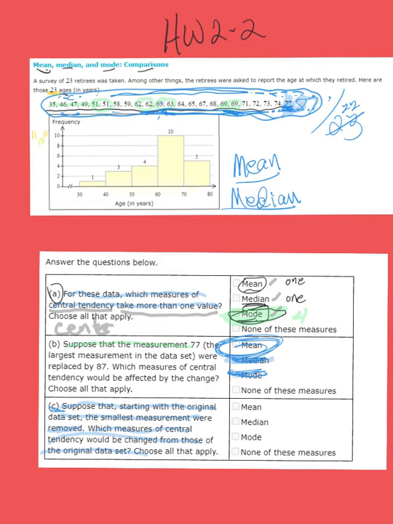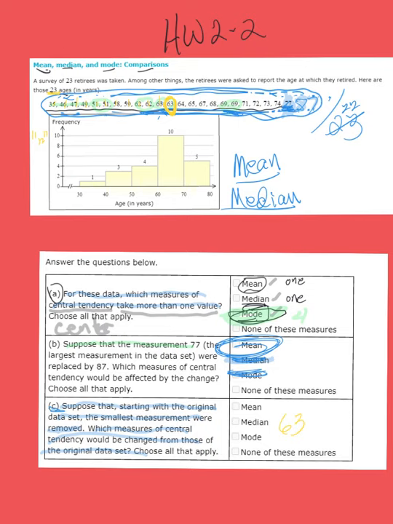The 12th number would be the middle number. So 1, 2, 3, 4, 5, 6, 7, 8, 9, 10, 11, 12, 63. 63 is the median before I take a number out.